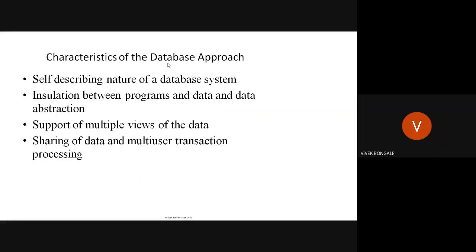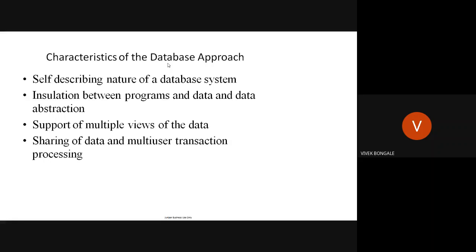And second, insulation between programs and data abstraction. In traditional file processing, the structure of data files is embedded in the application program. So any changes to the structure of a file may require changing all programs that access that file. Here, in traditional file processing, at one place we store all the data.